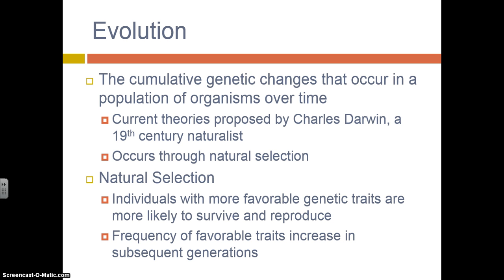So a lot of times people think that it's only the strongest survive, the strongest of muscle, the strongest of mind, and that's not essentially the truth of natural selection. The truth of natural selection is that the organisms with the best characteristics for survival live on.